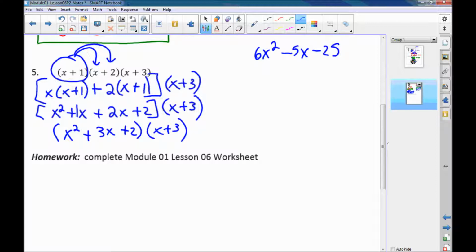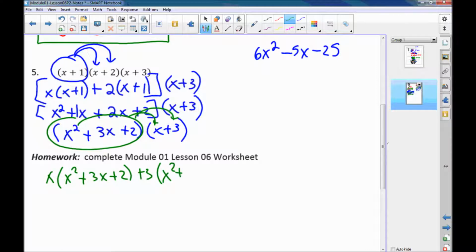All right, now I got to do that same thing again, but with a bigger polynomial this time. So I'm going to do x squared plus 3x times x and times 3. So this will be x times x squared plus 3x plus 2. And then plus 3 times x squared plus 3x plus 2.